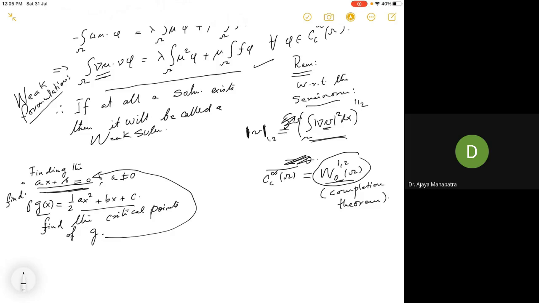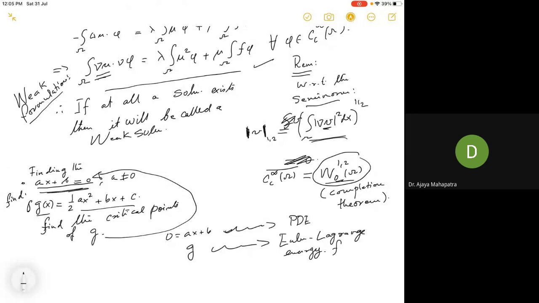So this is the basic trick which we are going to employ while attempting this PDE. The role of Ax plus b equal to 0 will be played by the given PDE, and the role of G will be played by what is called the Euler-Lagrange energy functional.